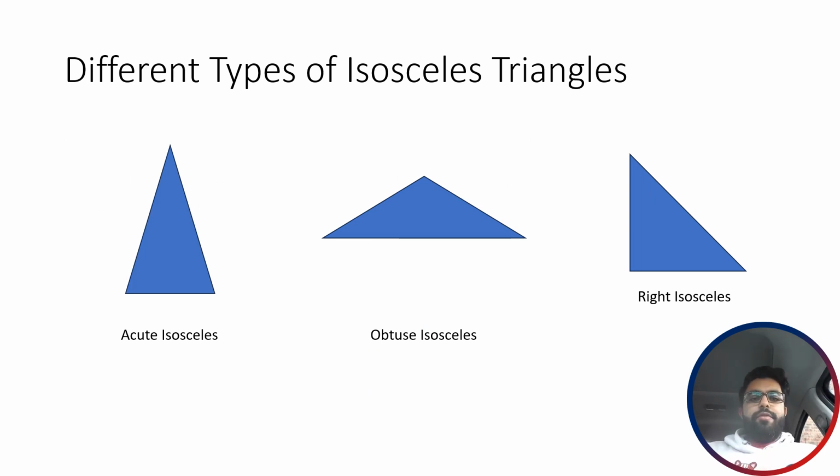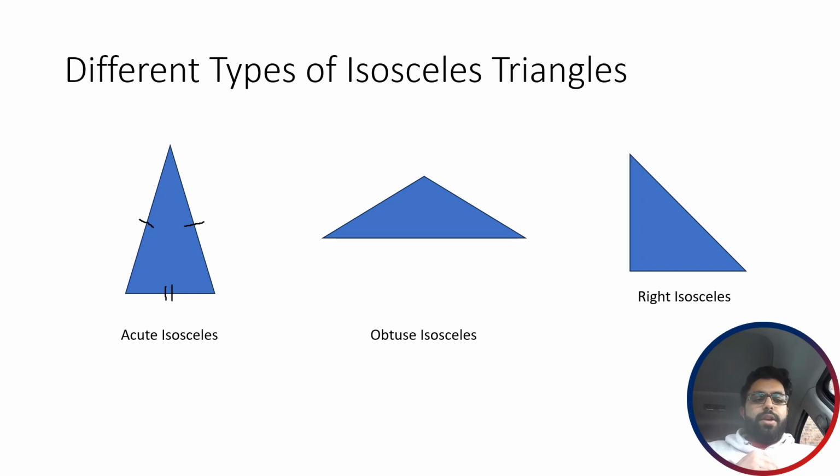So here we go. We've got three different types of isosceles triangles, and these are all actually isosceles triangles. So the sides that are supposed to be the same length really are. So in this first one, this side here and this side here are the same length as each other. So those are the two sides that are of equal length. This one is a different length.